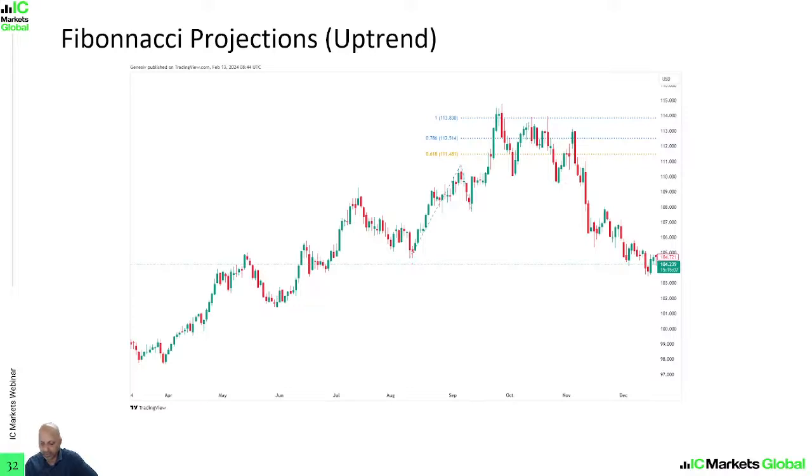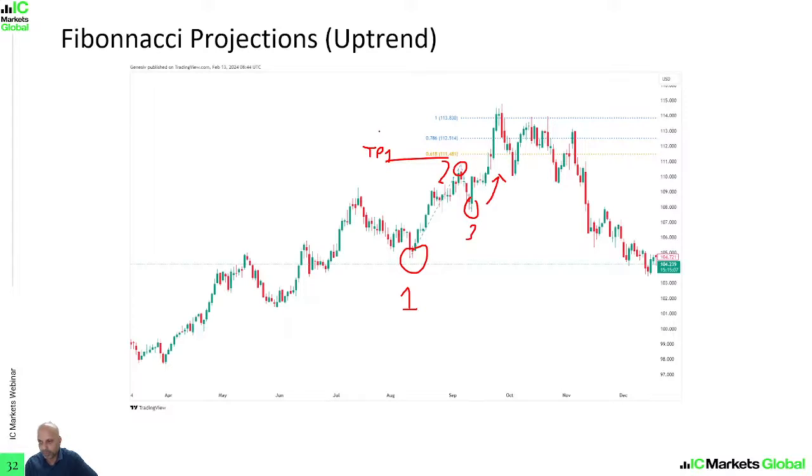In this chart, I'm starting my projection at point 1, going up to point 2 here, and ending at point 3. 1, 2, 3. As price is making its way higher here, I've identified a potential bullish breakout area. Where would I identify my TP? I would identify my TP at the respective Fibonacci projection levels.